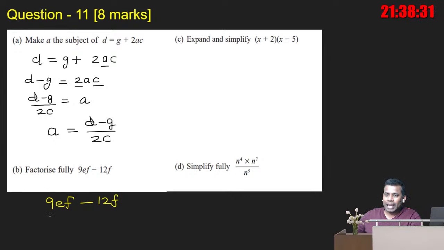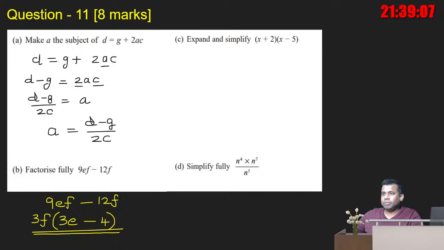So here you can take the F out, and from 9 and 12 you can take 3 out. So bracket, start with 3 times 3, 9, and E is going to be left over. F is already out, so minus, right? 3 times 4 is 12. So that is the final answer for the factorization. You are taking the common number out and the common letter out, making it a factorized format.